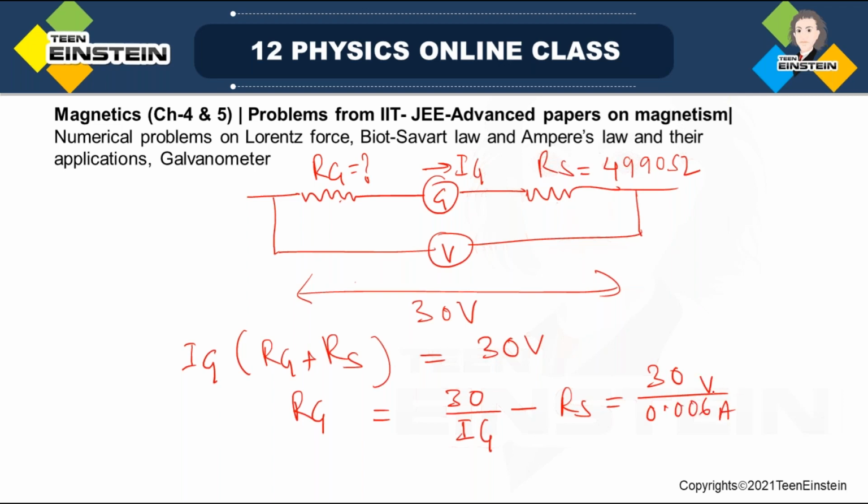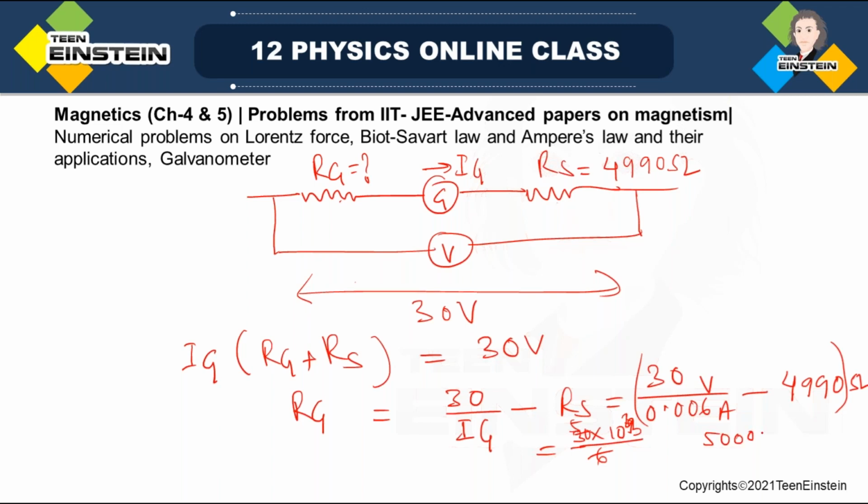This is volt, so this unit will be that of resistance, and this is now 4990, so ultimately it will be ohm in ohm. So look at this here: this will be 10 to the power 3 divided by 6. Better to keep this as 10 to the power 3 and this 30, so it will be 5. So this part will be actually 5000 now.